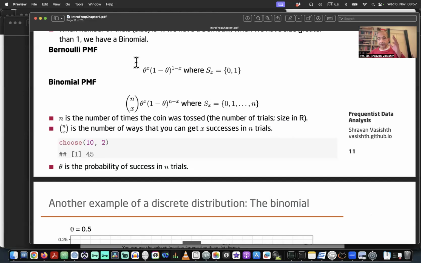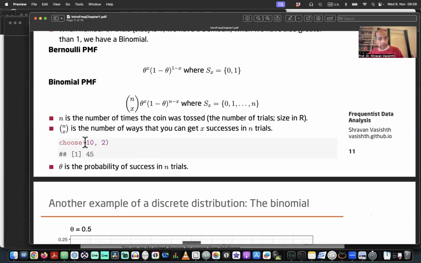So you could have success, heads, followed by 9 tails, or the first coin toss would give you tails, and the second one would give you heads, and the rest of the 8 would give you tails. Or you could have the first two trials giving you tails, the third one giving you heads, and the rest of them giving you tails. So there are 10 possible ways in which you can get one heads.